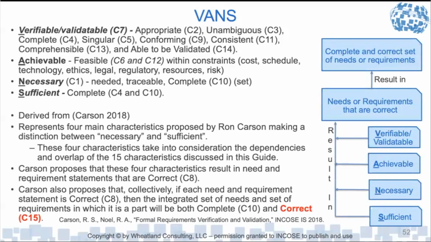And then Ron Carson has VANs. I took what's in his papers, and basically you could talk VANs: verifiable, achievable, necessary, and he adds sufficient. And he's saying that if the requirements are verifiable, validatable, achievable, necessary, and sufficient, then the set of requirements will be correct and complete also. So these are shortcuts that we can use.